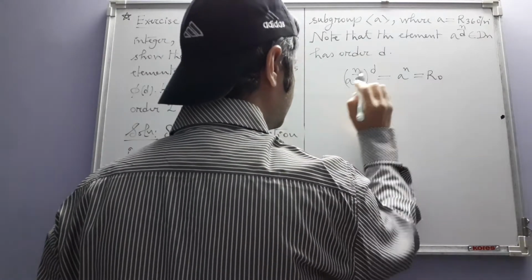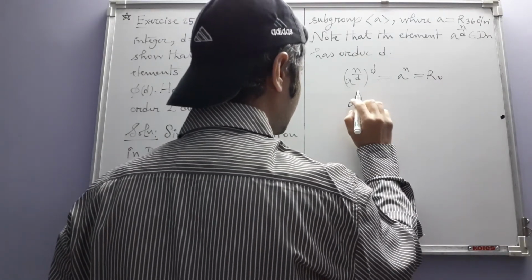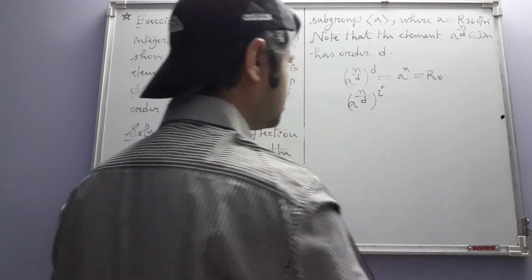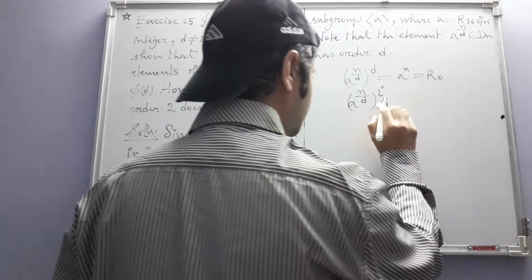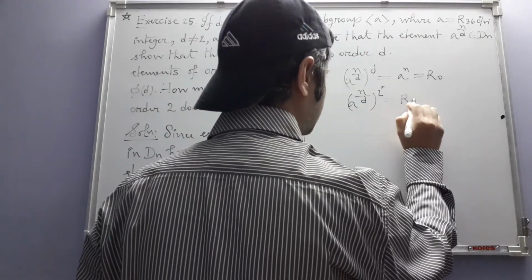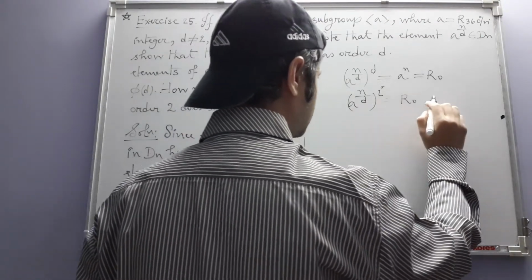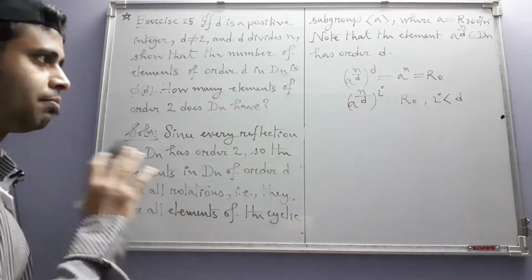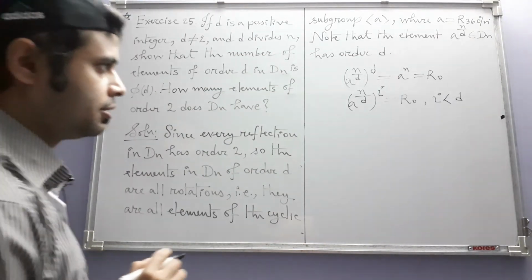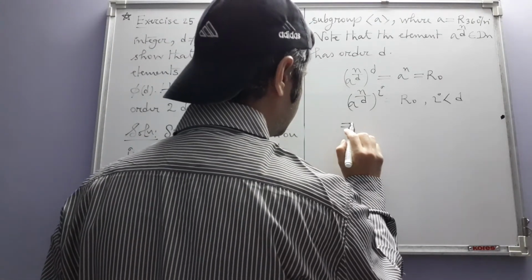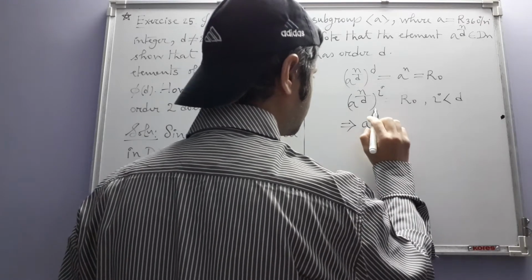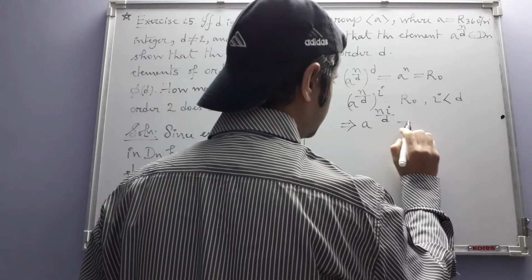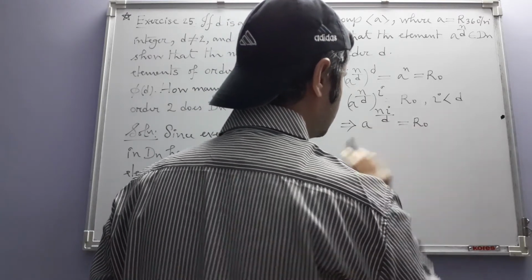Now suppose that a smaller power, meaning a power where the exponent is smaller than d, is also equal to identity. Say a to the power n i by d is the identity, for some positive integer i less than d.